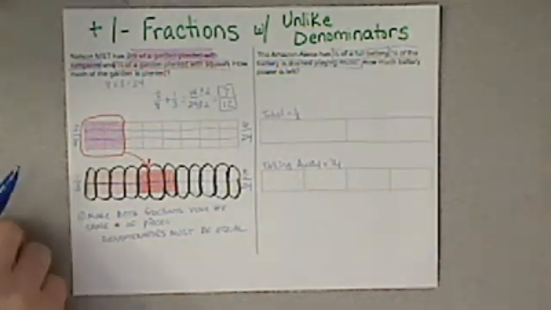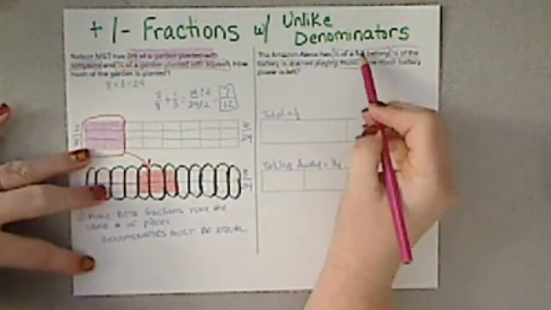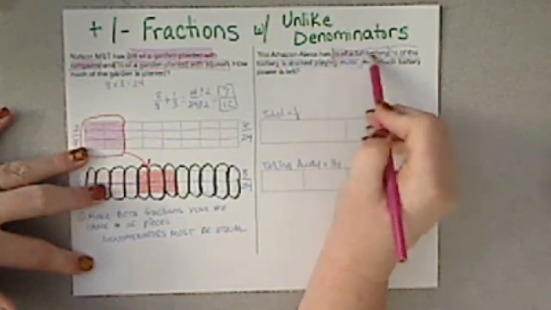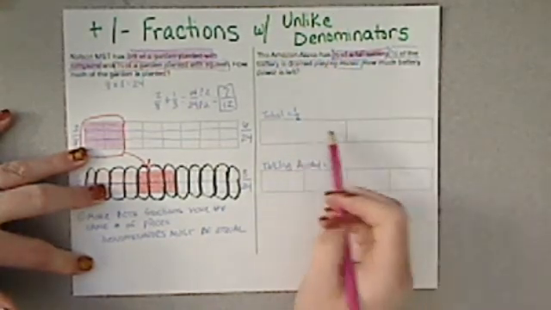So once again, we start by coloring in our fractions. Doesn't matter what colors you use as long as it makes sense to you. So I'm going to start with 1/2, so that means 1 out of 2 pieces shaded.